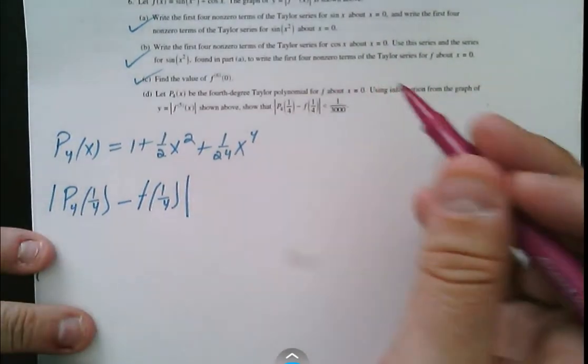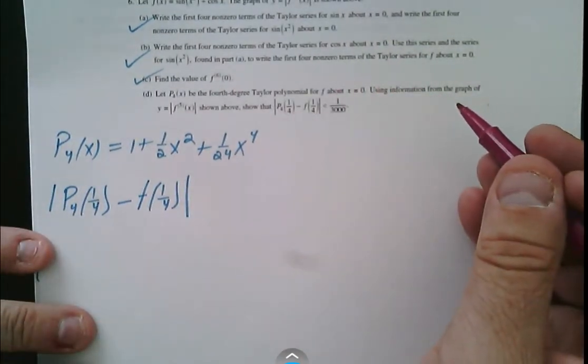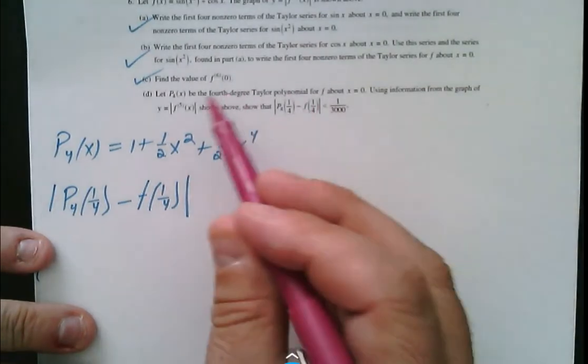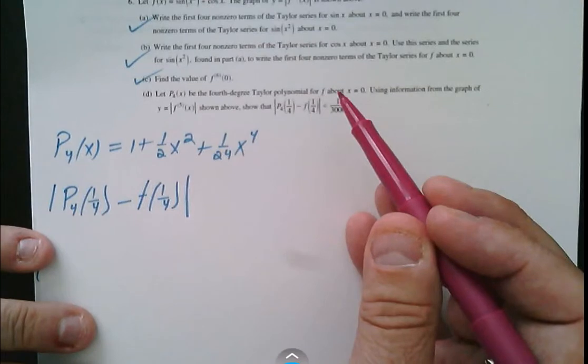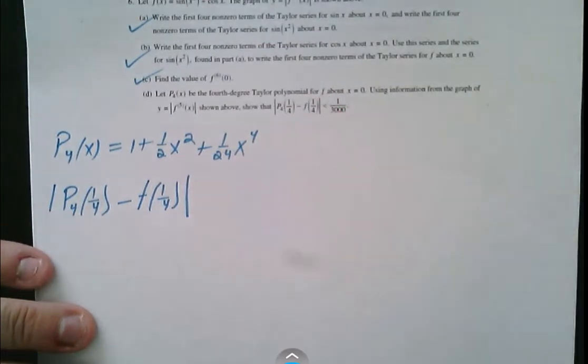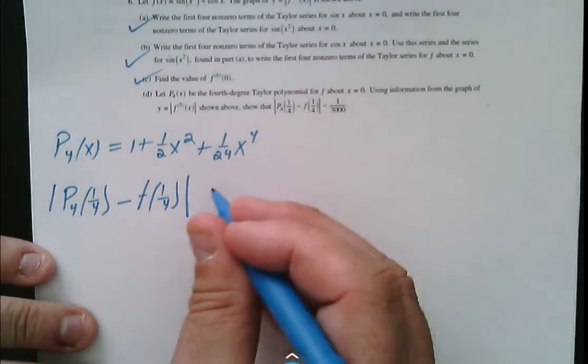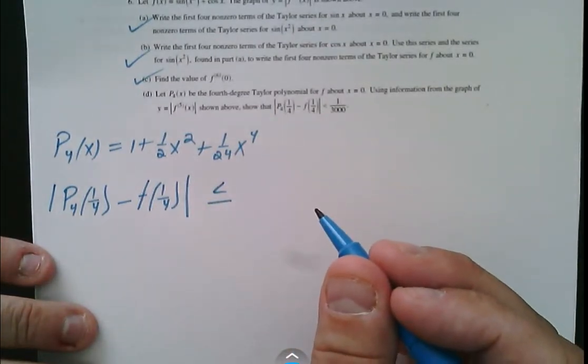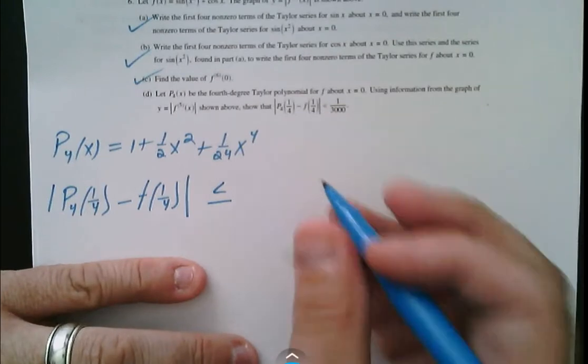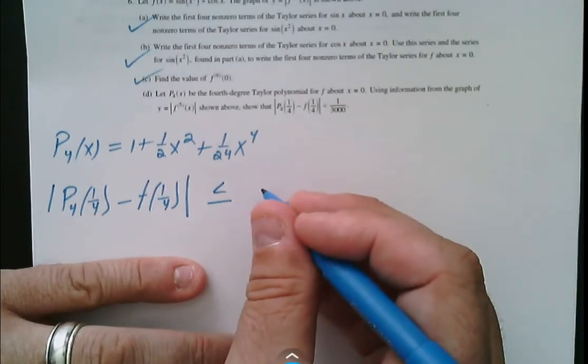We've got a degree 4 Taylor polynomial, so we're going to use Taylor's theorem, Lagrange's theorem. This error has to be less than or equal to, well, how does that work?